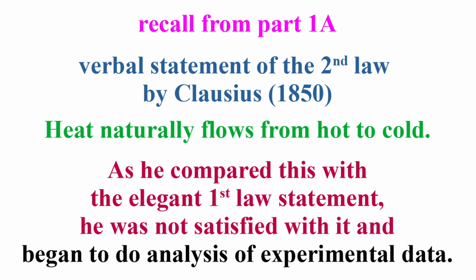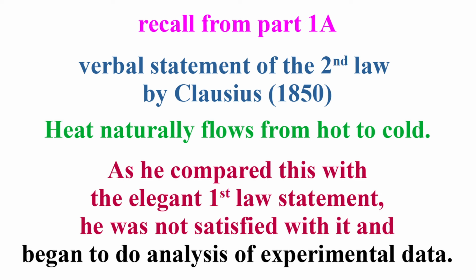In part 1a of this video series, I mentioned that in 1850, Clausius published the verbal statement of the second law of thermo as heat naturally flows from hot to cold.